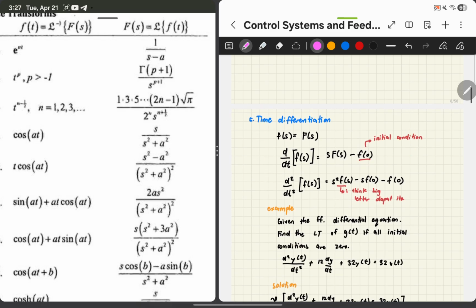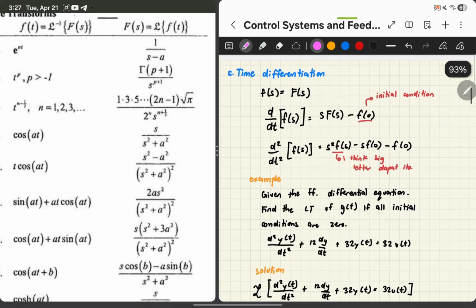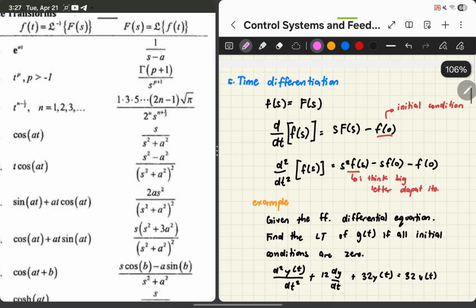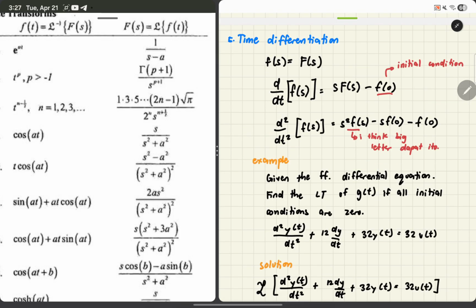Okay, for our last property, we have time differentiation. This happens if we have these functions: d over dt of a function, and then d squared over dt squared of a function, and so on.